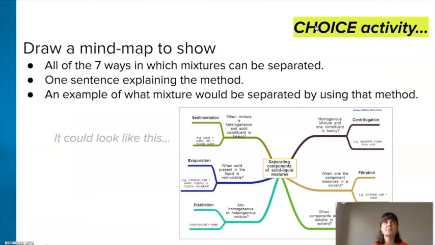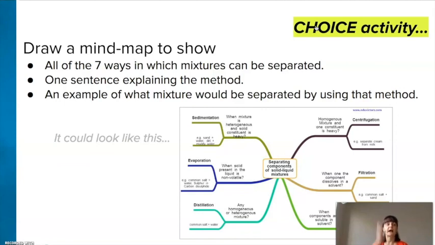You are going to create a mind map. I just love mind maps because it takes all the information that you've just learned about and puts it onto one page. One page that's easy to find and easy to remember. So basically what you want to do is create a mind map of the 7 different ways in which you can separate mixtures.